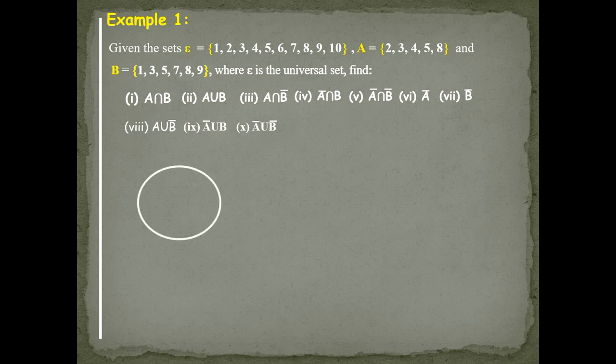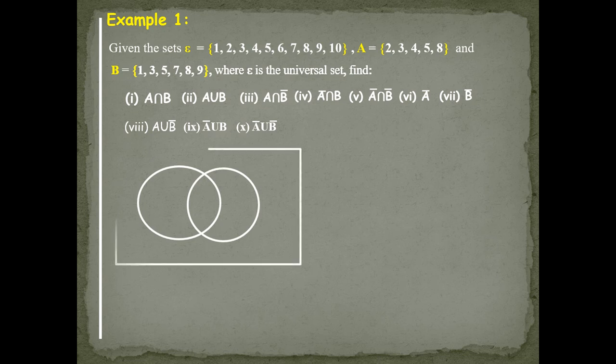So that is our first set, second set, universal set. Now the universal set is this rectangle, so everything inside this rectangle is the universal set.